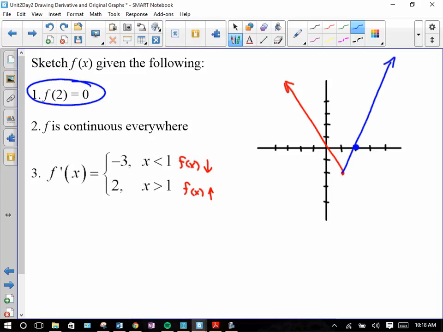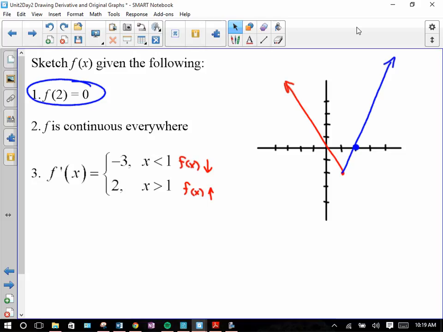X is less than 1, our function is decreasing because our first derivative is negative. This function is continuous everywhere, because it is continuous at corners, and f of 2 equals 0. Boom.